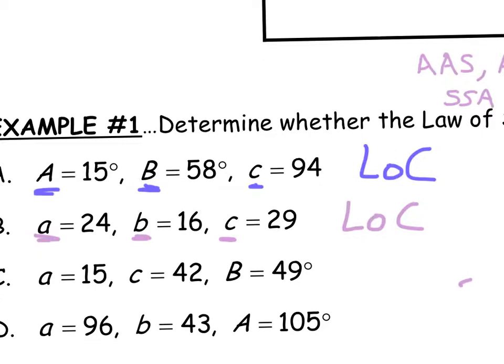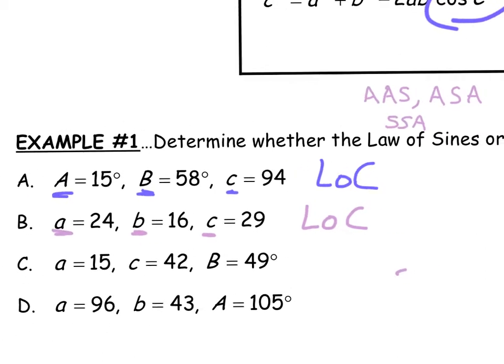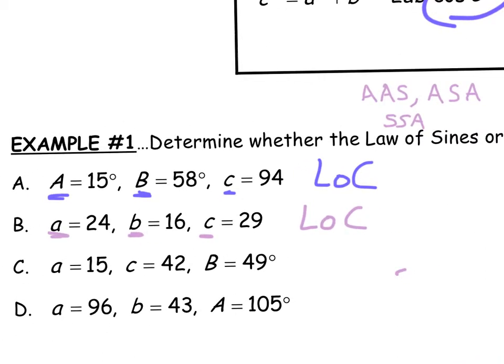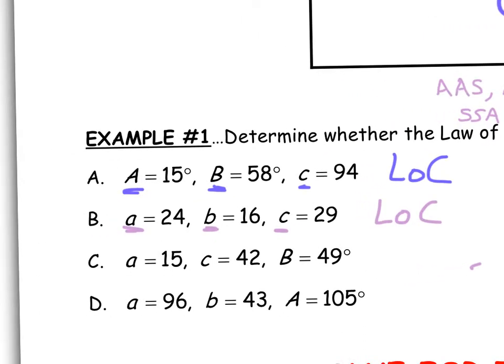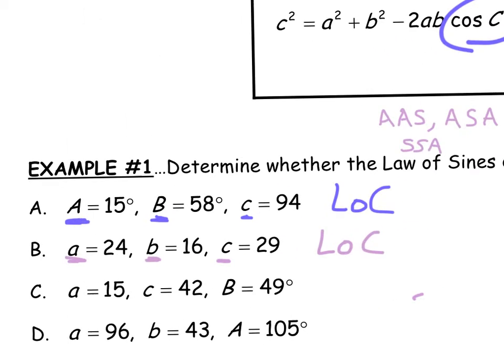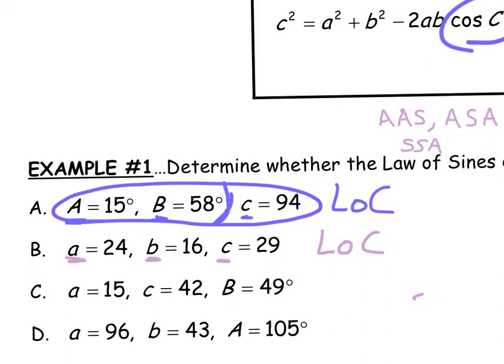Okay, so the shortcut of three separate letters does not necessarily apply to this case in the first one here. Because I have two angles right here and here, I can now find the third angle, which means I'm going to do law of sine. Okay, but since this one, for B, is side, side, side, that's going to be law of cosine.